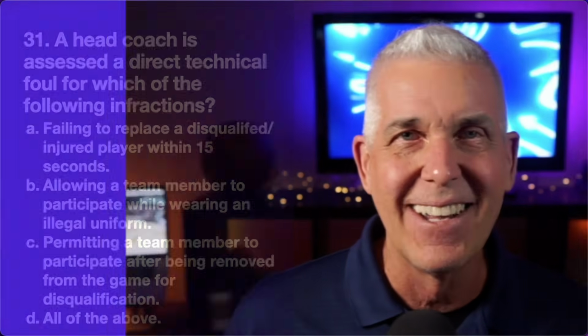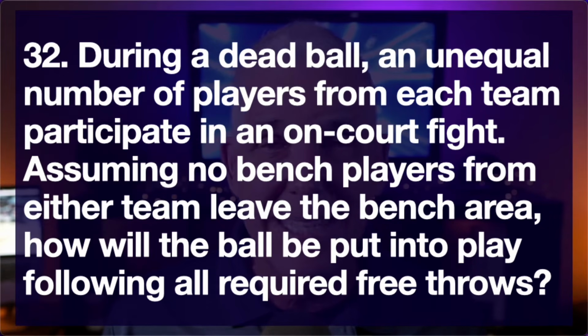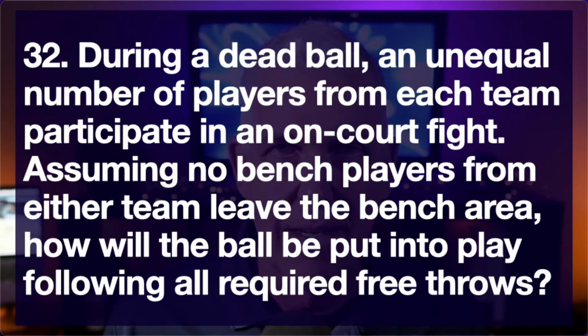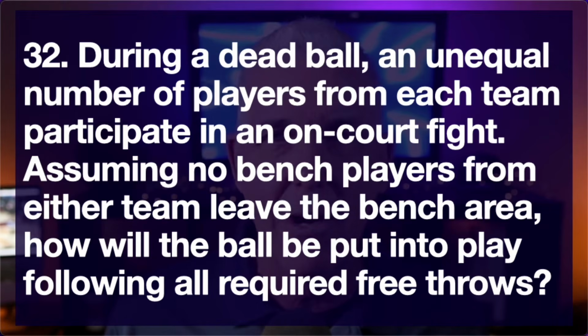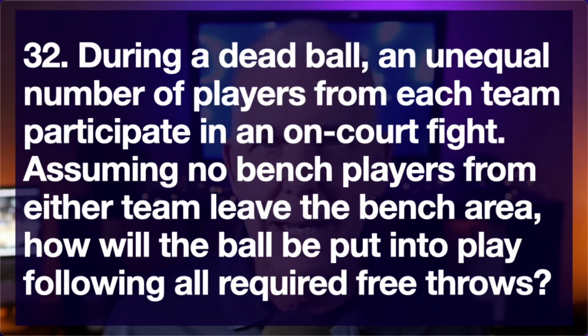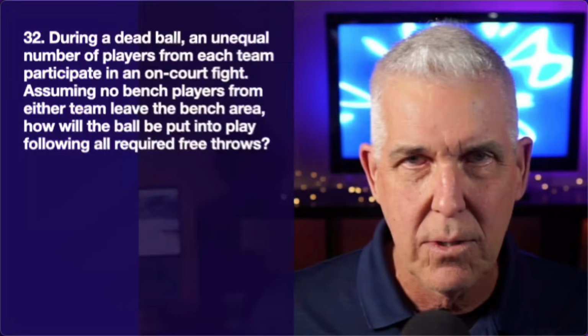All right, moving on. Question 32. During a dead ball, an unequal number of players from each team participate in an on-court fight. Assuming no bench players from either team leave the bench area, how will the ball be put into play following all the required free throws?